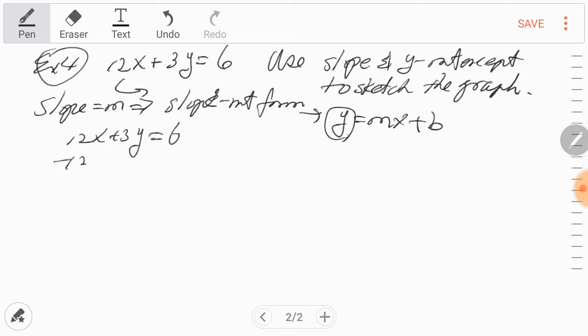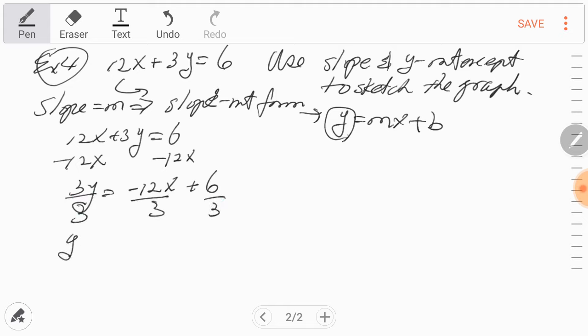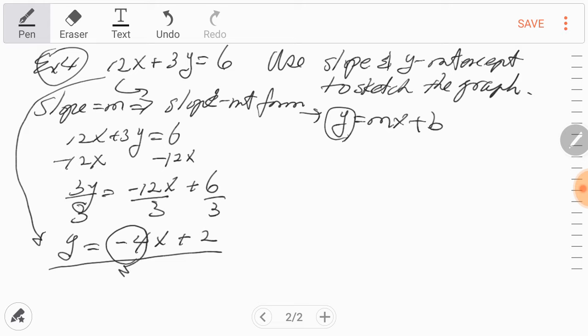Move 12x to the right, so 3y equals negative 12x plus 6, and divide each side by 3. Then y is equal to negative 4x plus 2. So we just rewrote the equation in slope-intercept form. From this equation, the slope is negative 4, and the y-intercept is when x equals 0, y equals 2.